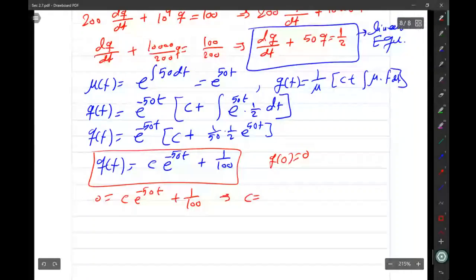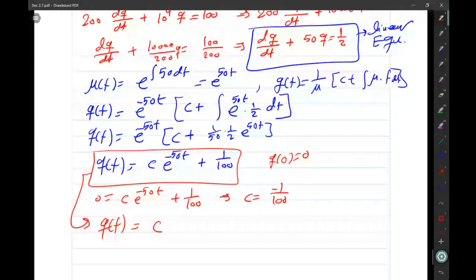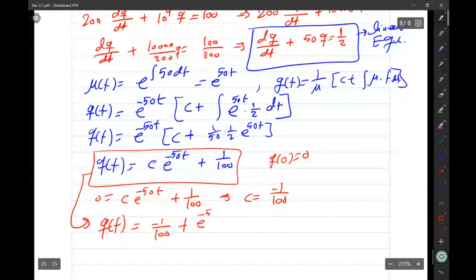That means c is equal to minus 1 by 100. So replace it back: q of t is equal to minus 1 by 100 times e to the power minus 50t plus 1 by 100.